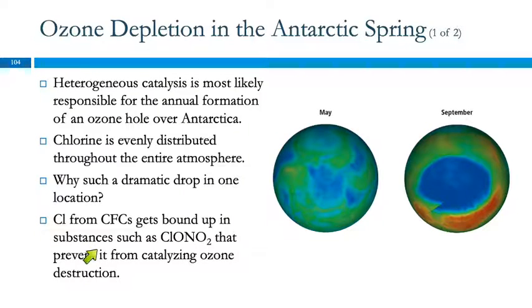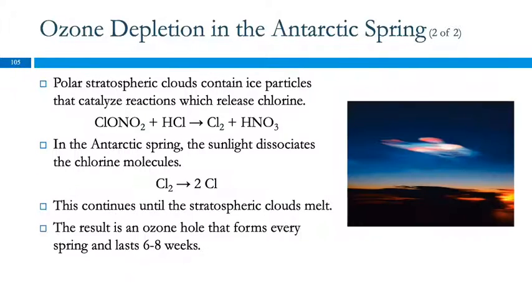But these compounds get stuck. We get these polar stratospheric clouds. So you've got the clouds, and during the winter in Antarctica, no sunlight at all, right? Really, really cold.